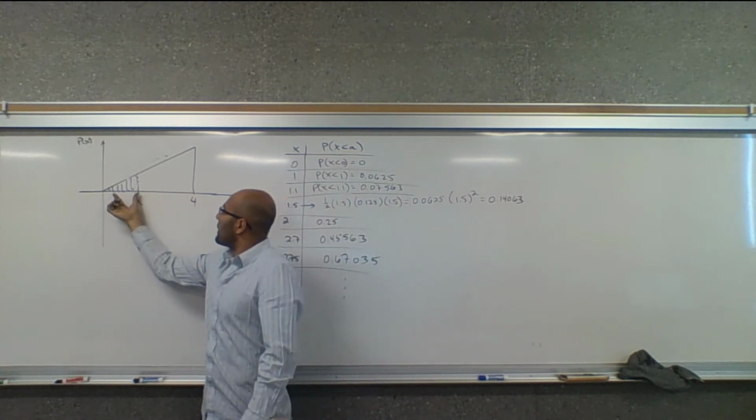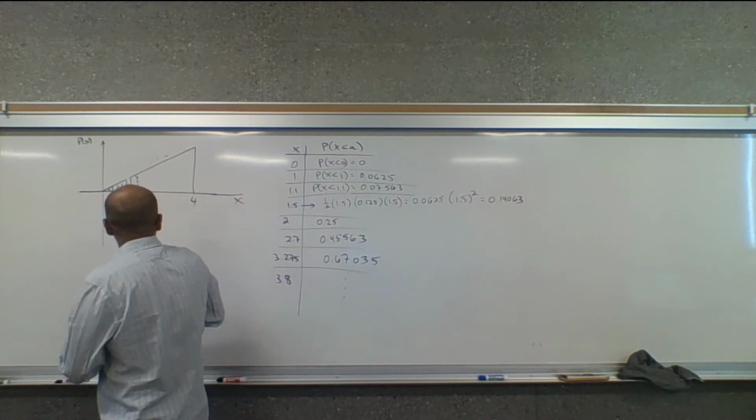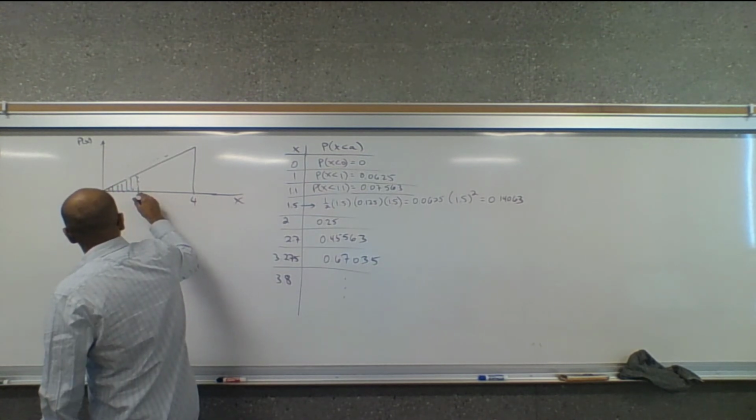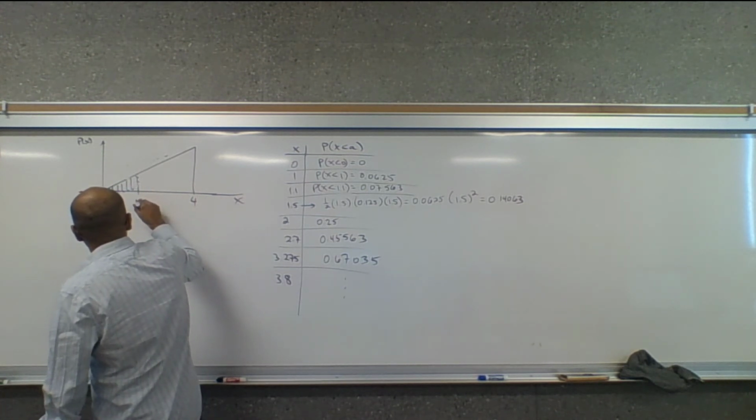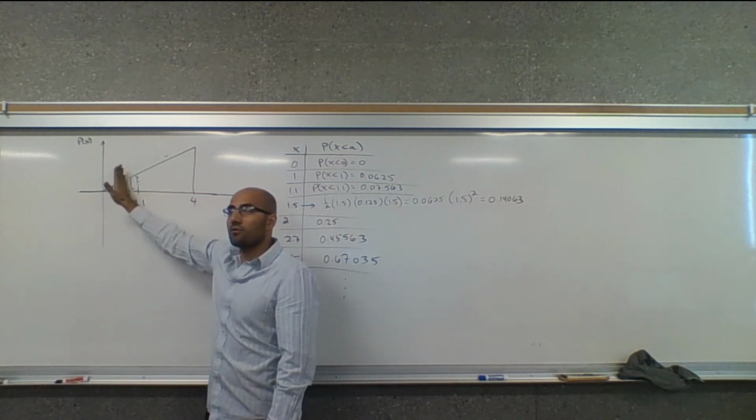So perhaps we tell them that whatever number you punch in here, like if you want to know the probability that x is between 0 and 1.1, is equal to this little triangle, that little slice there.